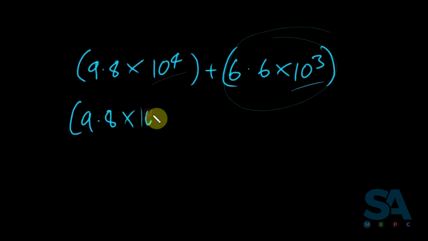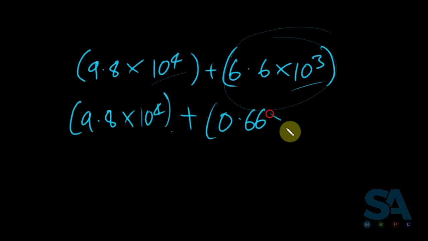So rewriting this expression will leave me with 9.8 times by 10 to the 4 plus 0.66 times by 10 to the 4.